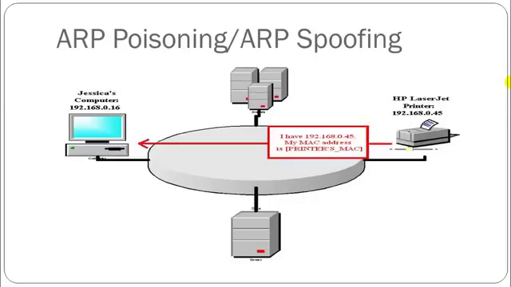ARP is very trusting, the specific term would be gullible, and when a network device sends an ARP request, it simply trusts that the reply really does come from the correct device. ARP provides no way to verify that the responding device is really who it says it is.